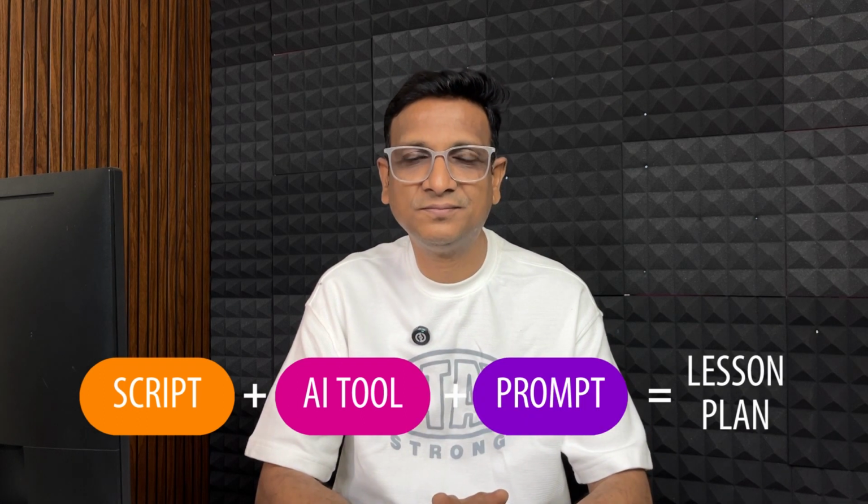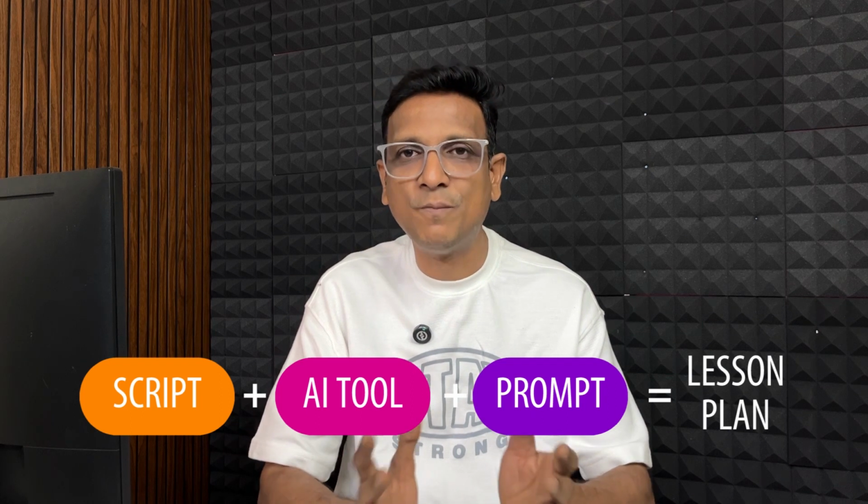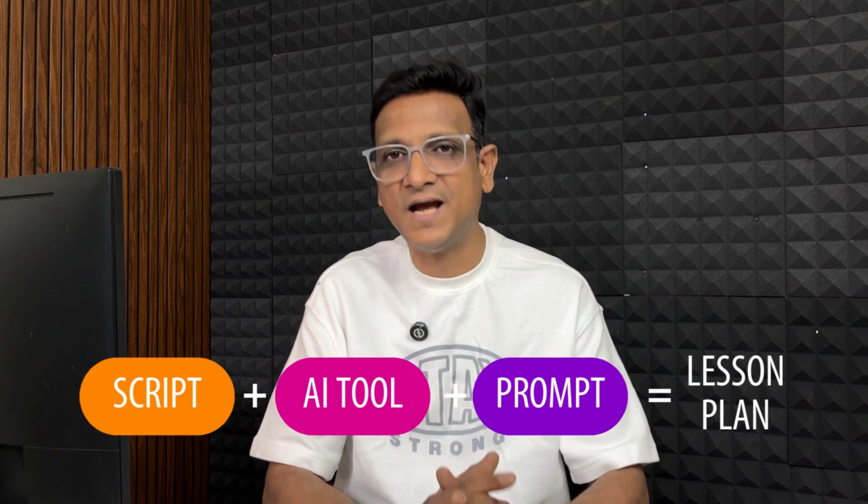So what do you need to create a lesson plan using AI tools? You need three things. One, the script of the lesson in soft copy format, two, one AI tool, and three, a prompt. So what is a prompt? A prompt is nothing but the input that we give to the AI tool.